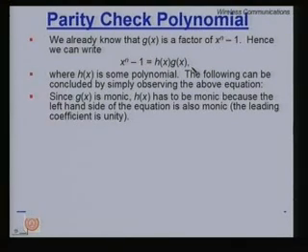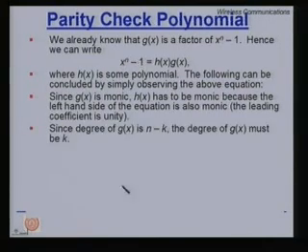But g of x must be monic, that is the highest power of x should have a coefficient equal to 1. So, since g of x is monic, h of x has to be monic, because the left hand side of the equation is also monic. Since the degree of g of x is n minus k, the degree of h of x must be k.